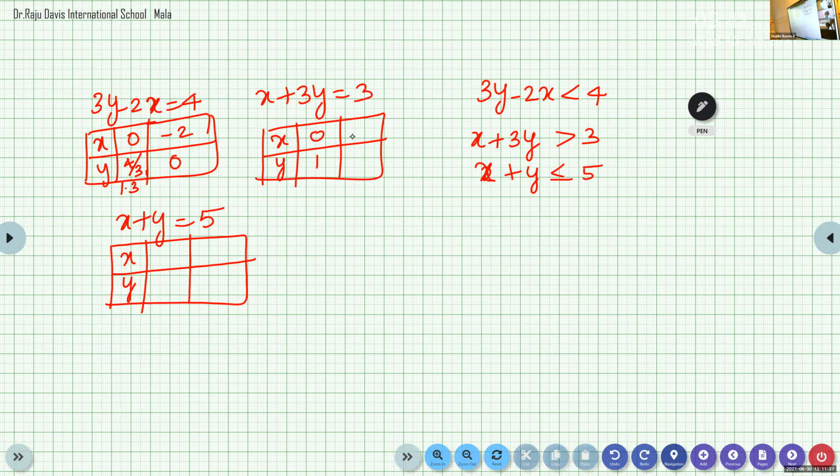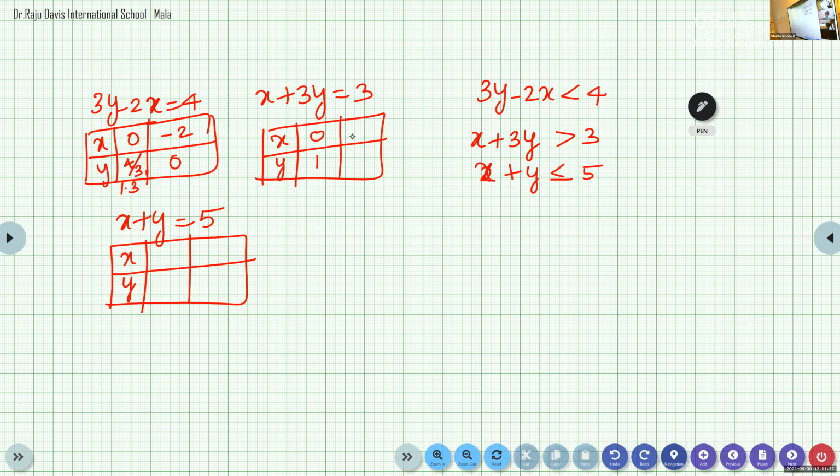Is 0 greater than 3? Is it true? Is it correct? No. That means which region do we have to shade? Above this line, isn't it? This one will be above the line.